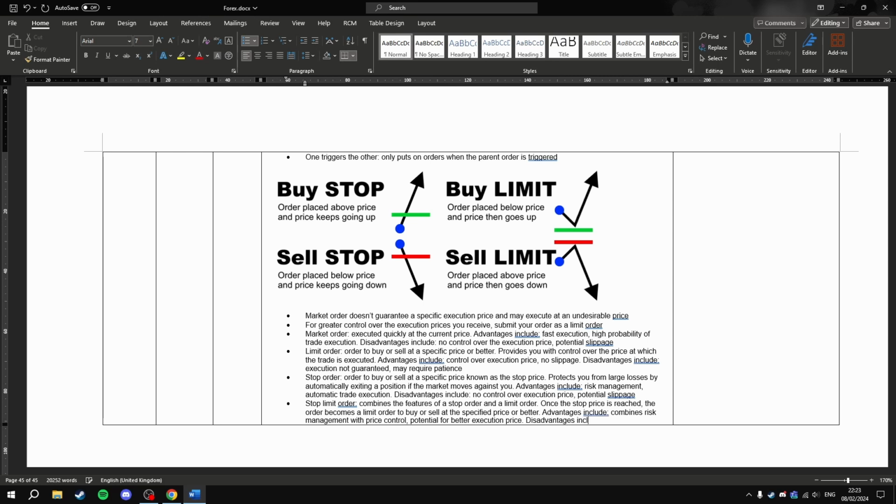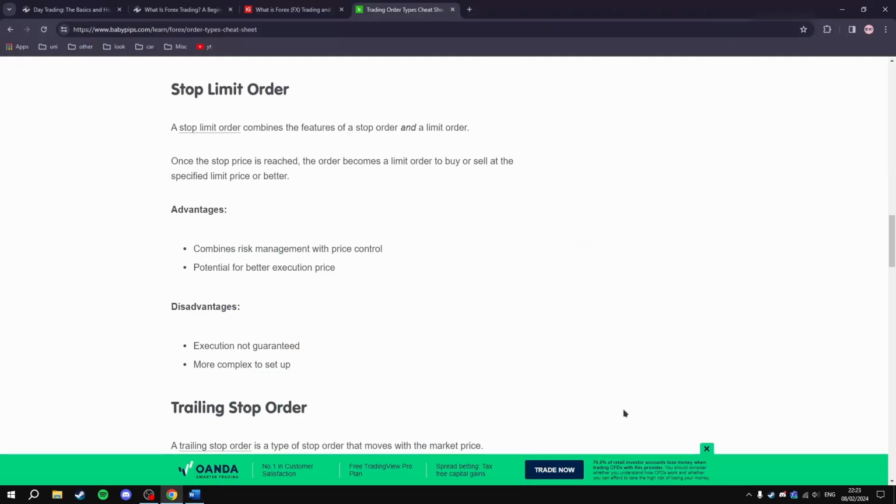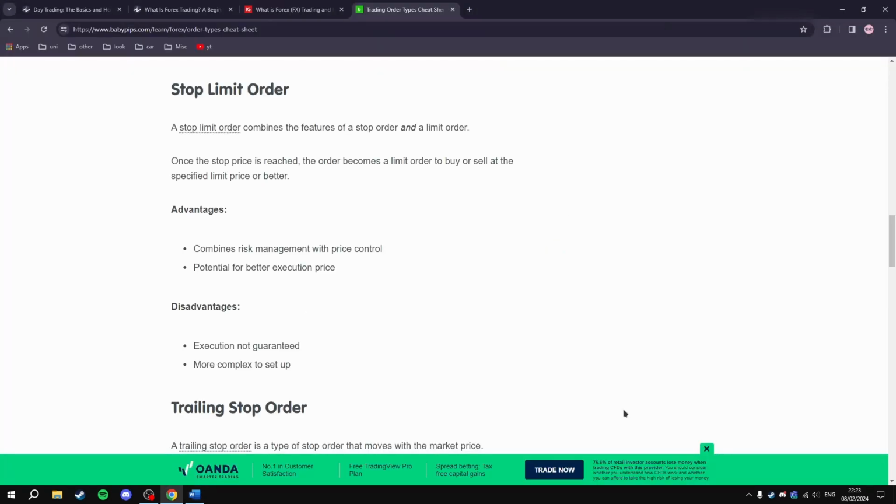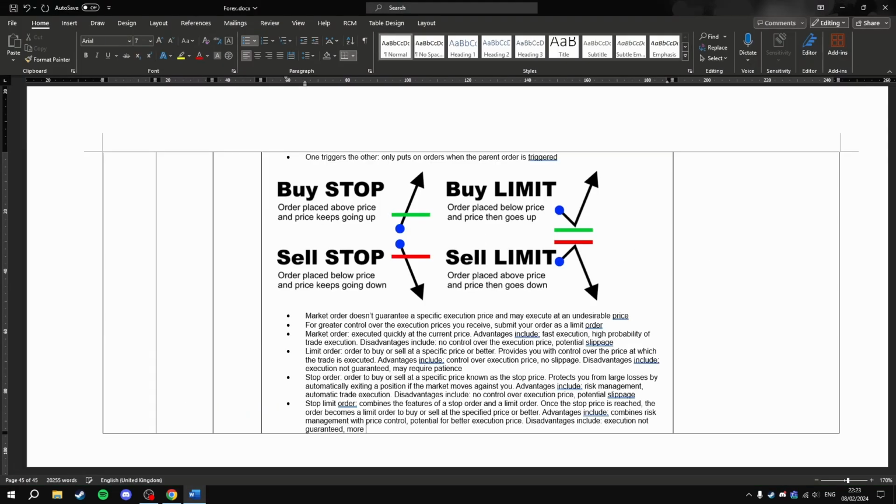Disadvantages include execution not guaranteed and more complex to set up.